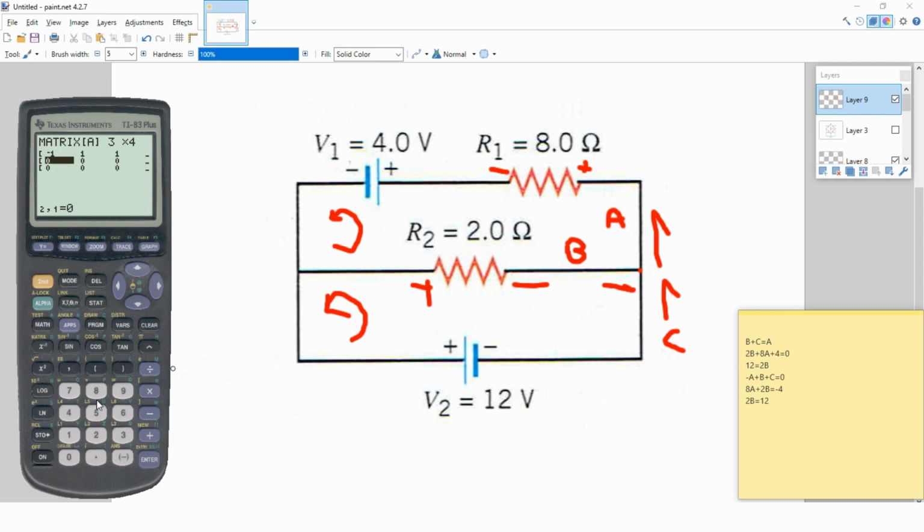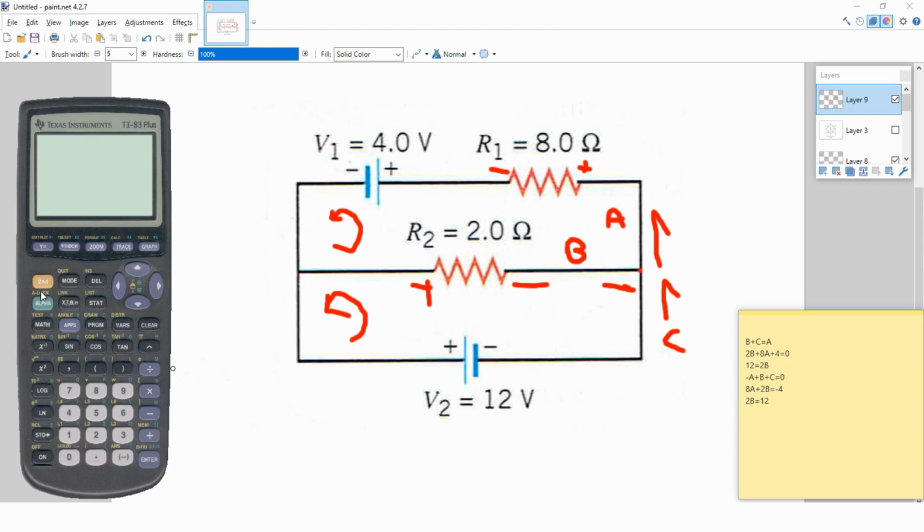Here we have 8, 2, 0, and negative 4. Enter. There we have 0, 2, 0. It's equal to 12. Enter. So we have our matrix.